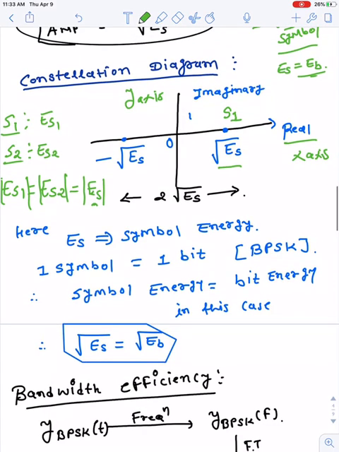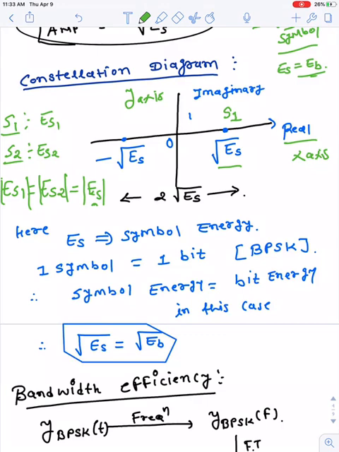So the energy per symbol is simply defined by the square root of ES. Now if you remove this absolute value, that is ES, right? And the energy per second symbol is minus the amplitude. Energy is always positive, so this is the amplitude of the first symbol.